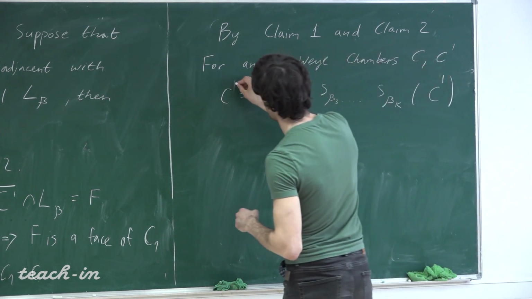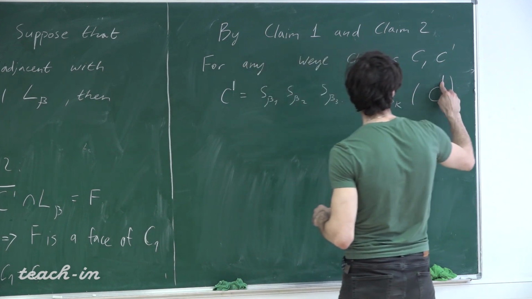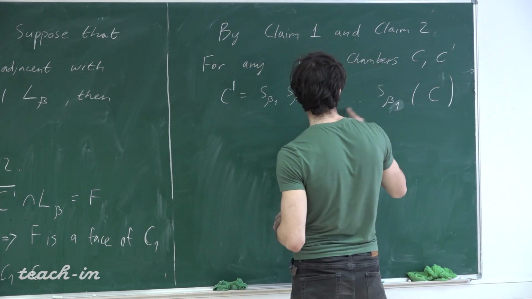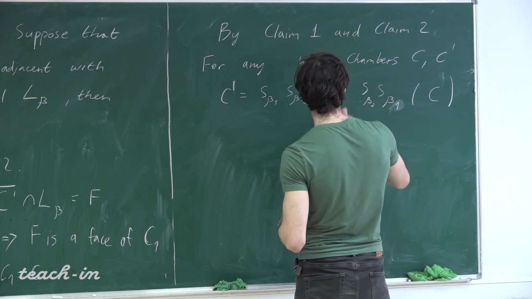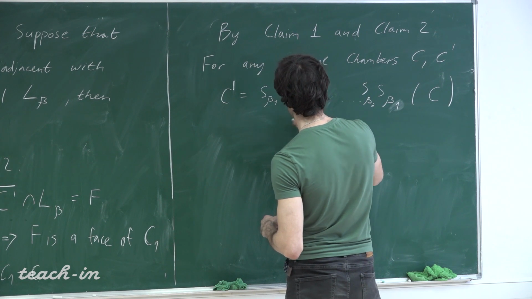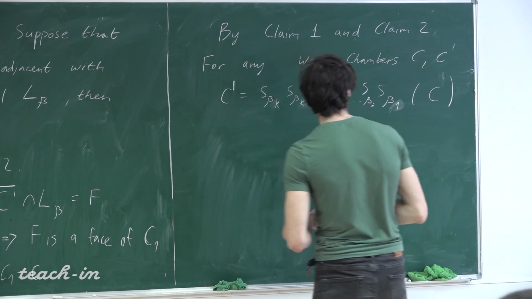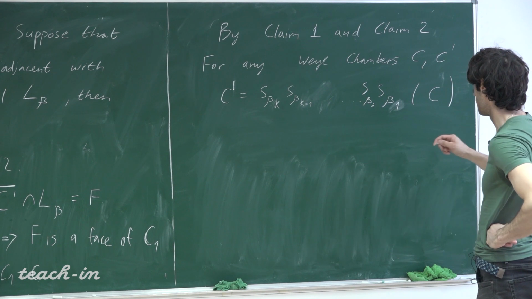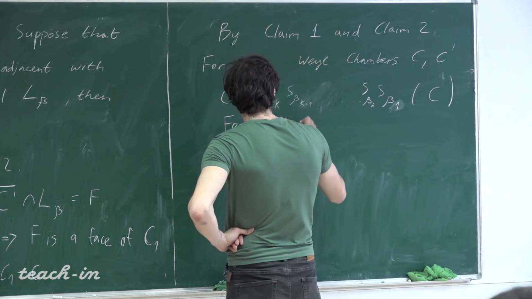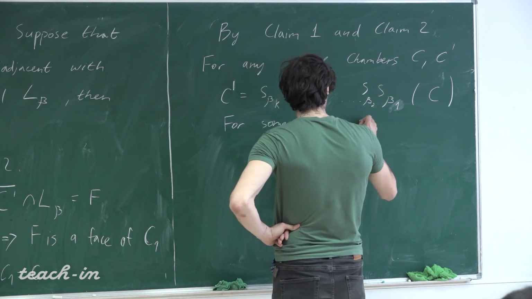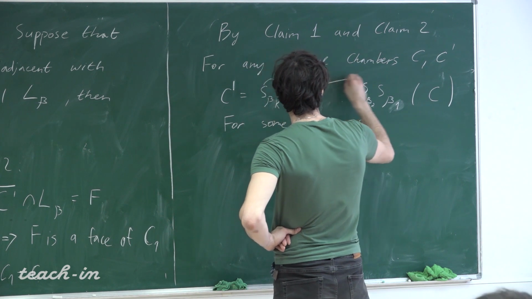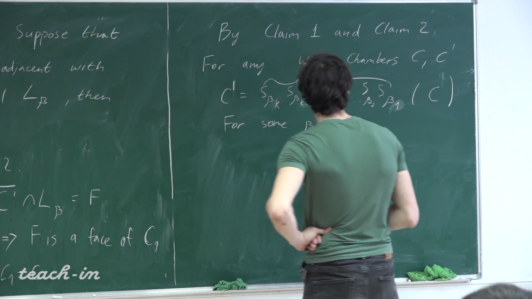Maybe let me put prime here and change like this, right? B1, B2 here, sorry, and then beta K minus 1, beta K. So for some beta 1 and so on, beta K. So therefore, if we denote this to be W, right?